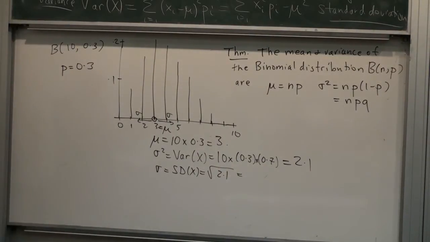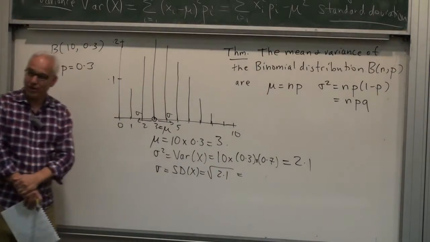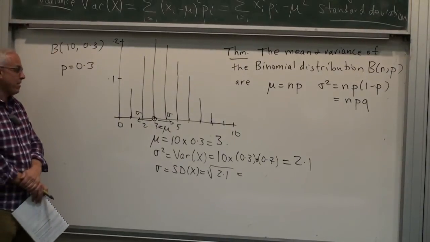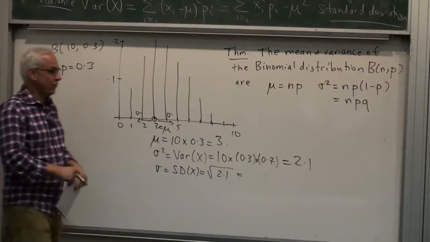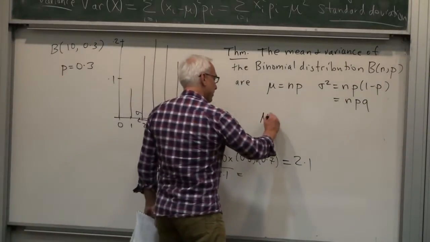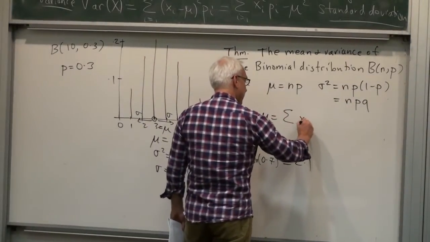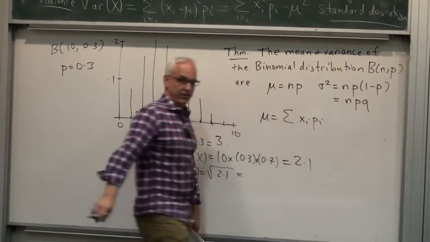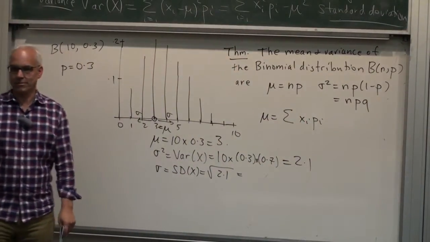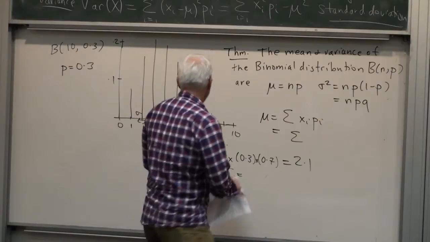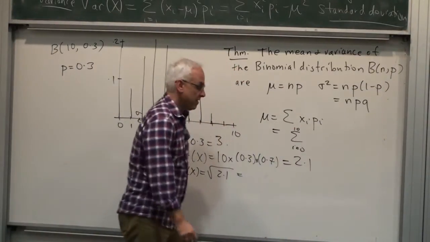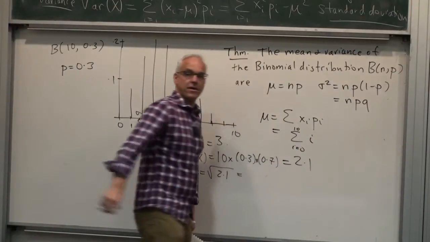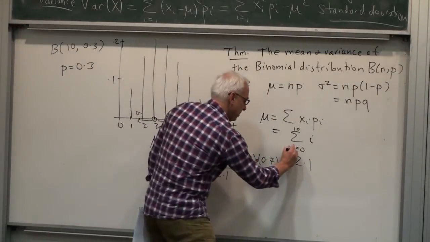Okay, so in order to prove this theorem, we would have to make a calculation. We have to make a sum. And that's not impossible to do. So for example, to calculate the mu, that's the sum of the values times probabilities. In this case, it would be the sum from i equals 0 to 10. The values are i, or maybe we should use k. Maybe we'll use k.